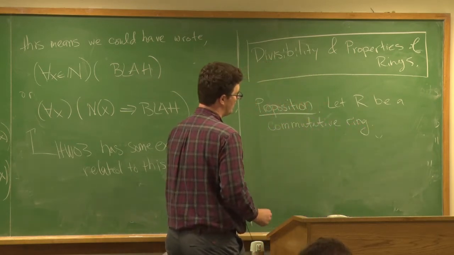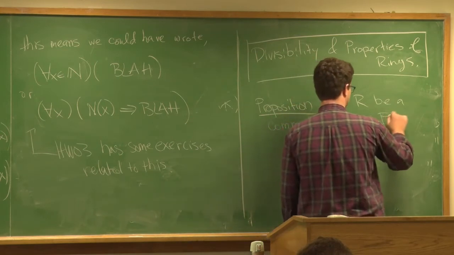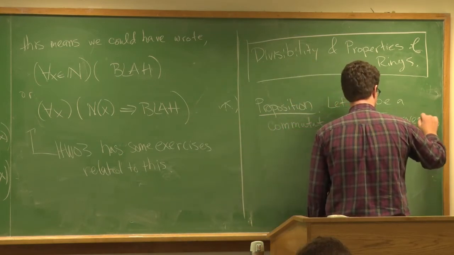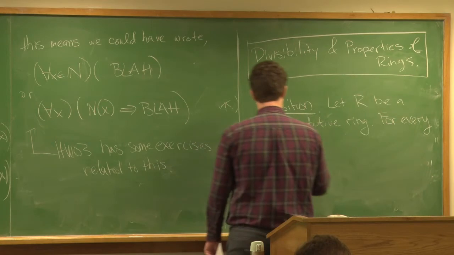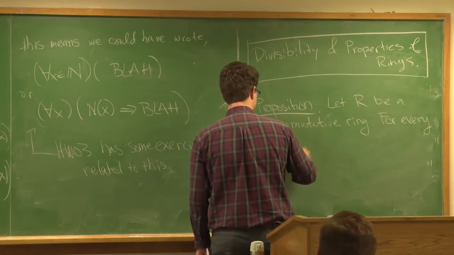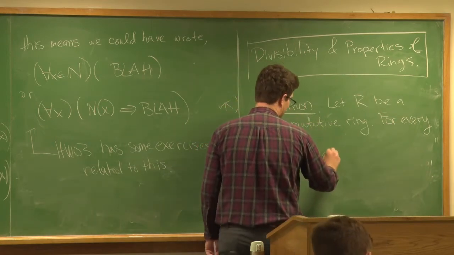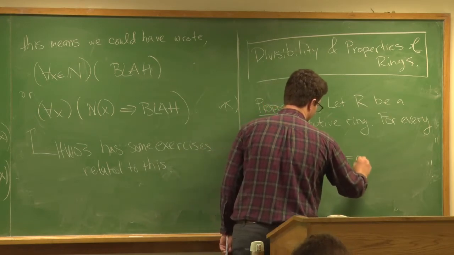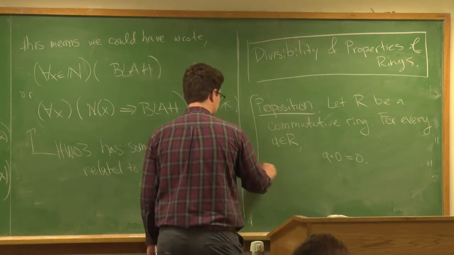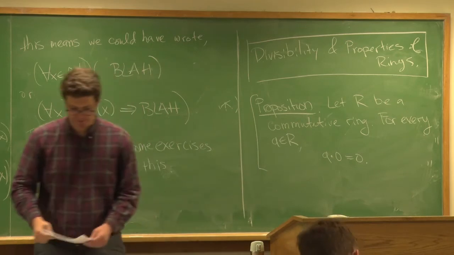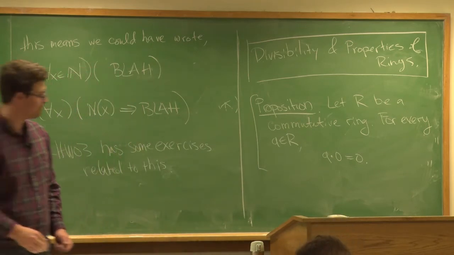Then for every A an element of R, A times 0 is equal to 0. Okay, so I want to prove this from the axioms.